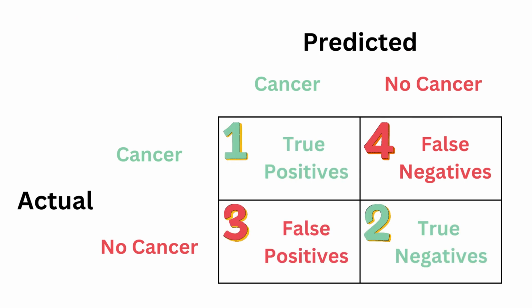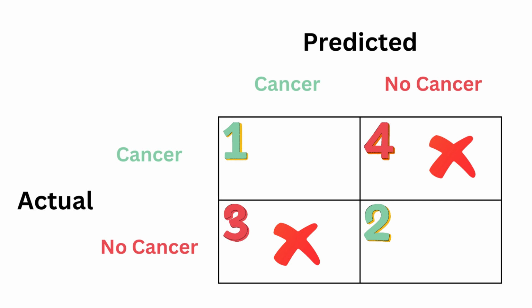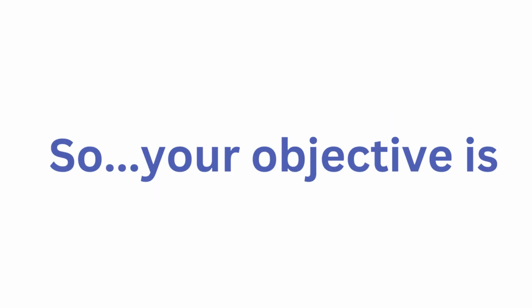So, you have true positives and true negatives, which are perfectly fine. But you also have false positives and false negatives, which are errors. And you will always have some errors in your predictions, in your models.